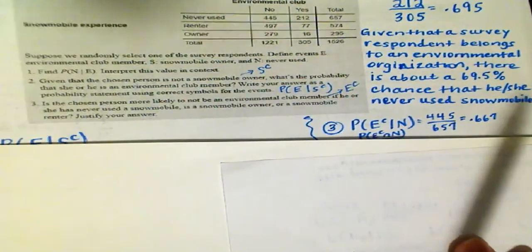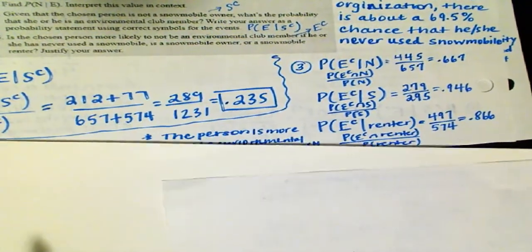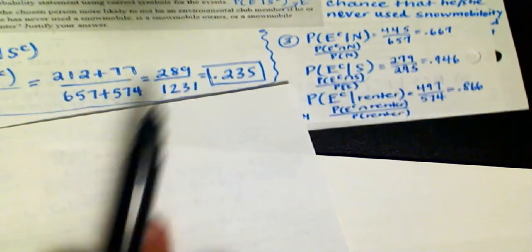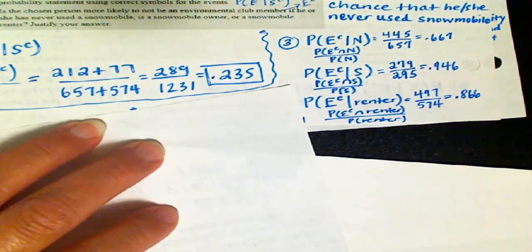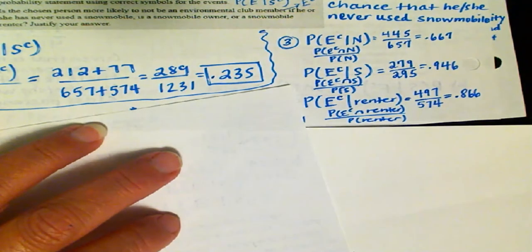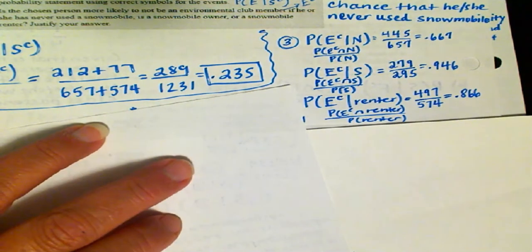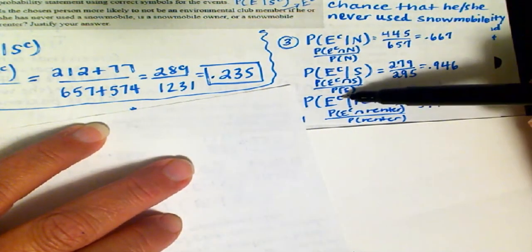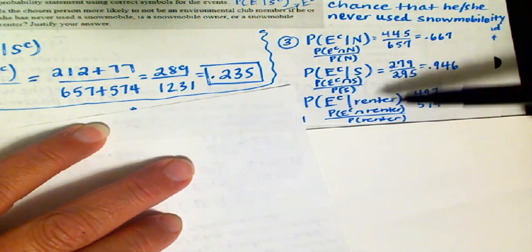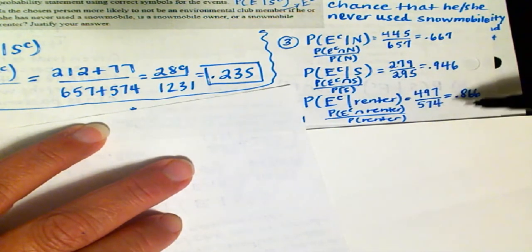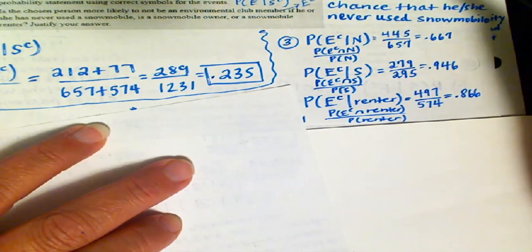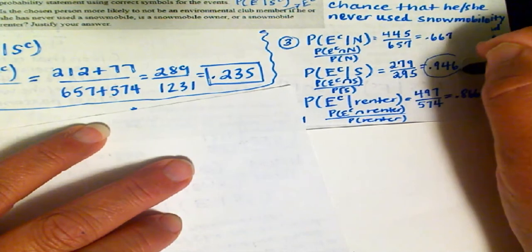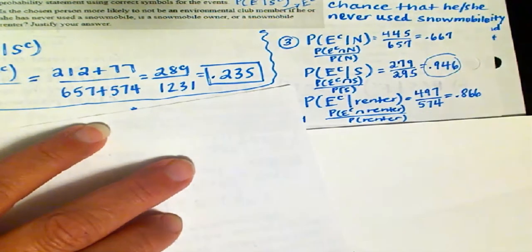And then the last one is renter. So it would be the probability of not an environmental organization given a renter. So the same thing here. It'll be 497 over the 574. So this is our highest probability.